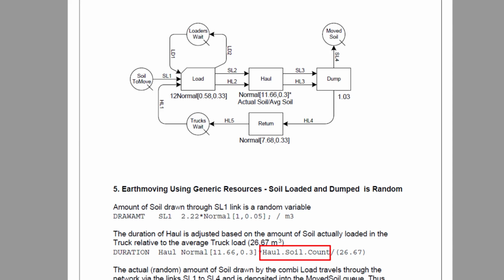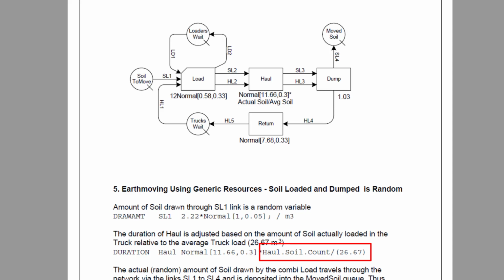The count of the soil in haul, which is given by the variable haul.soil.count, will be a number that is either more than 26.67 or less than 26.67. So it will be a fraction that is a little above 1 or a little below 1.